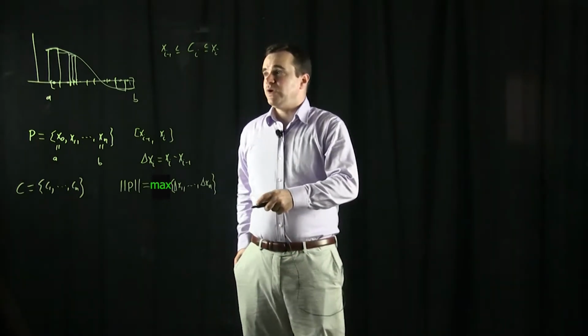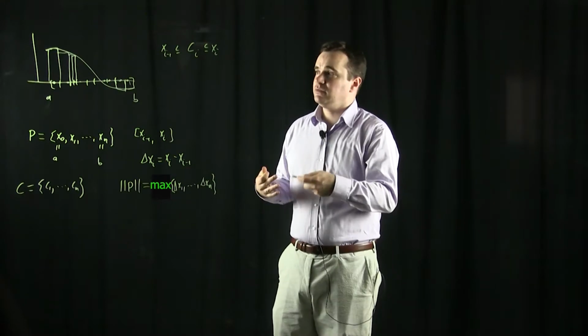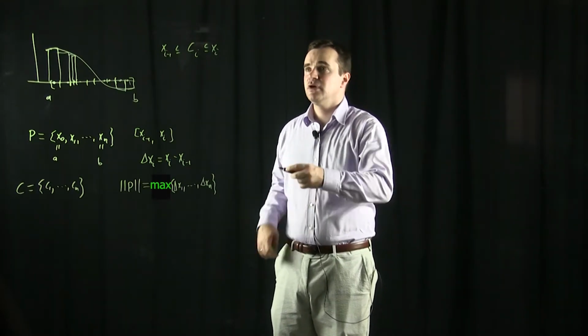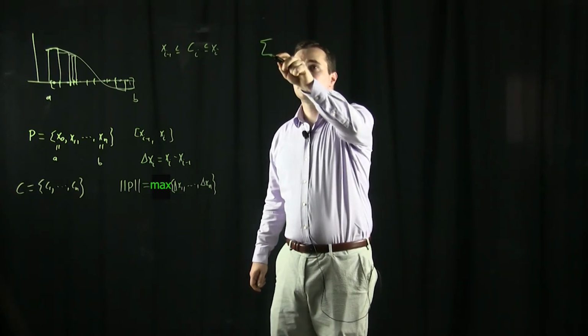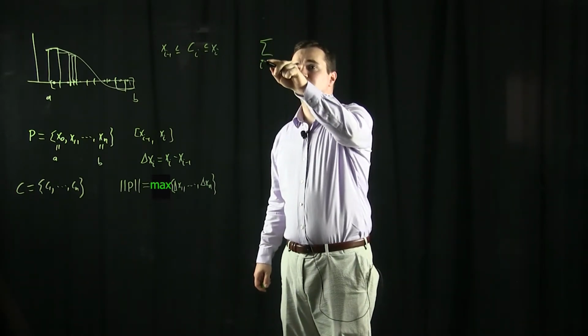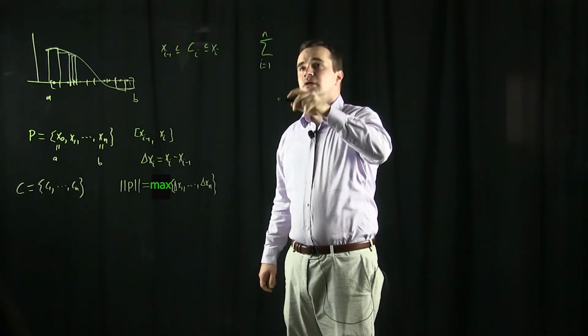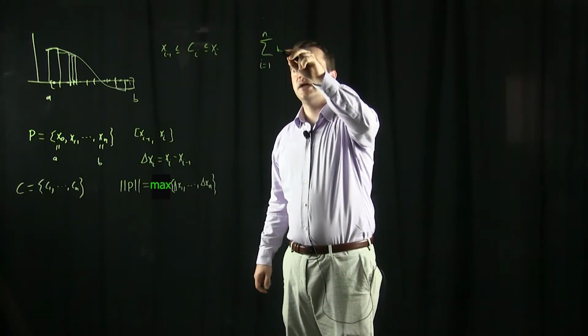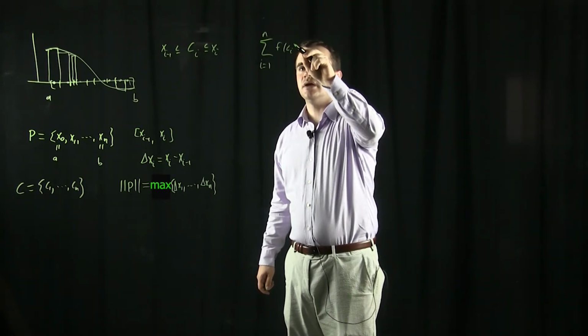And so now what we do, if we want to follow our model for like the left hand or right hand or midpoints, whatever, we're going to be taking the sum. I goes from 1 to n. And so the height is always f of Ci, right?